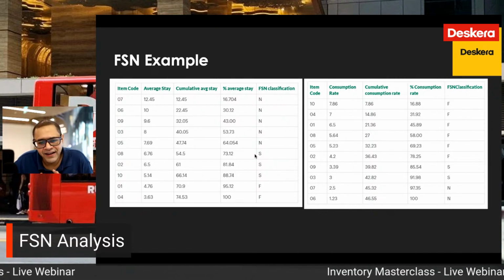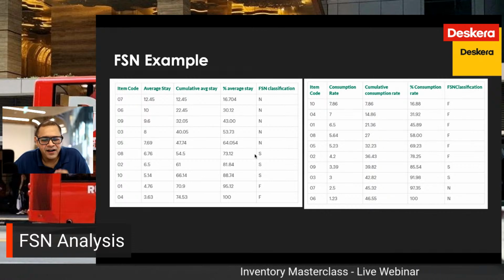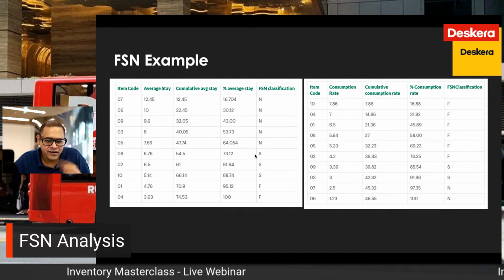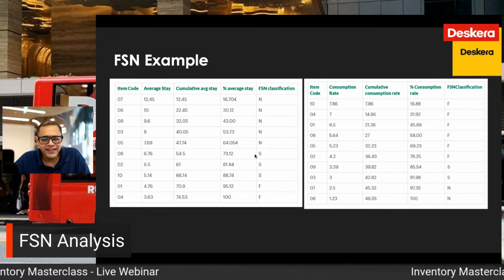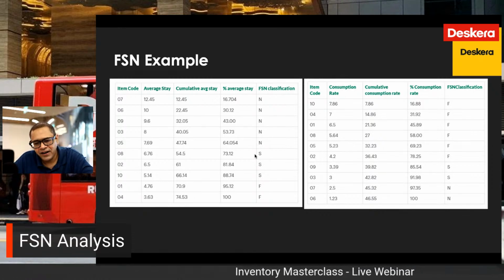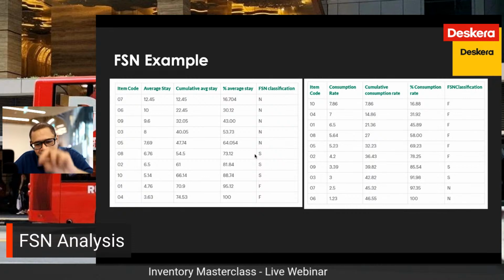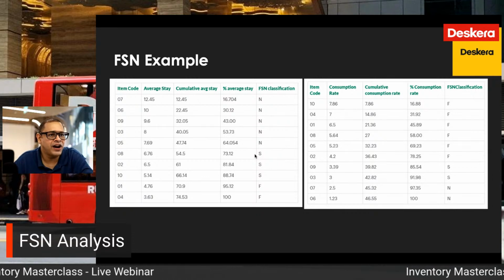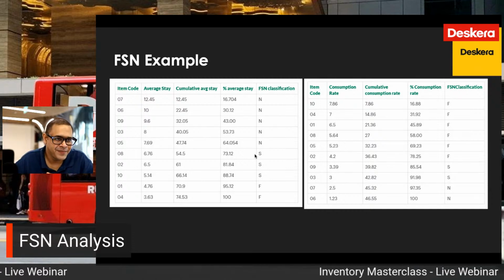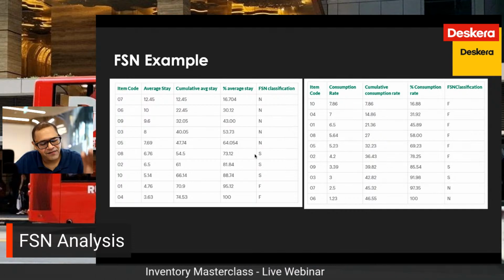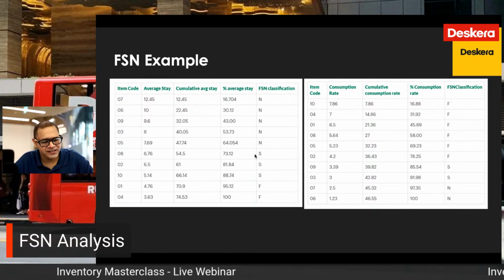But when you look at the consumption rate, they are not the top two. They are now number 2 and number 3, whereas 10 goes to number 1. And if you look at the number of fast moving categorizations based on the consumption rate, you will find a lot more Fs there, or a lot more fast moving items based on consumption. But if you look at FSN classification based on stay, you will find only 2.